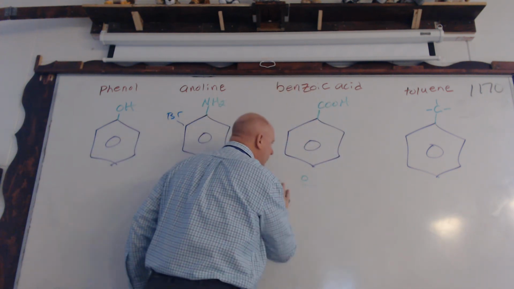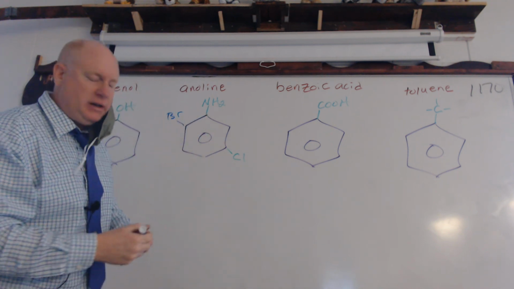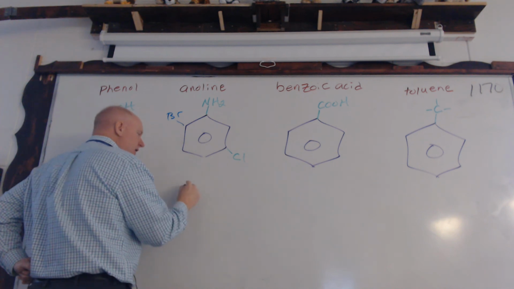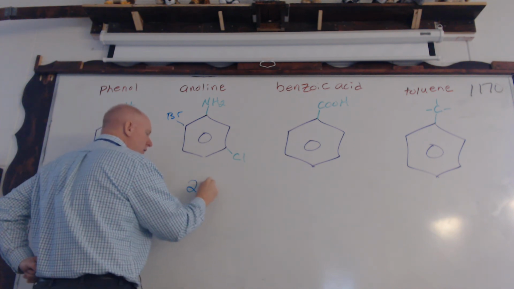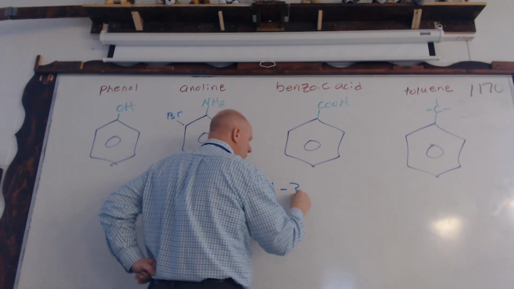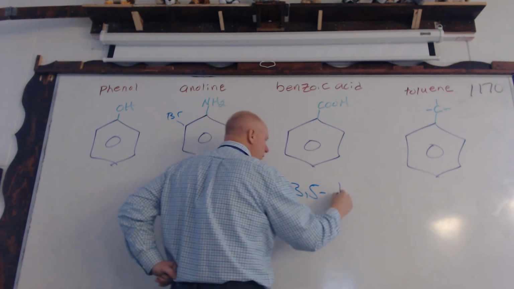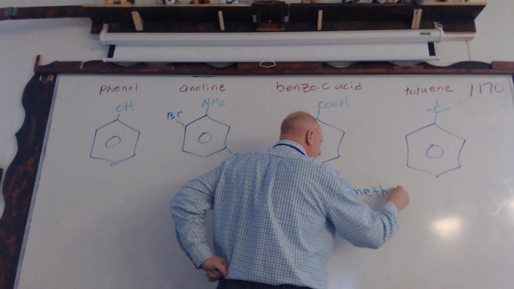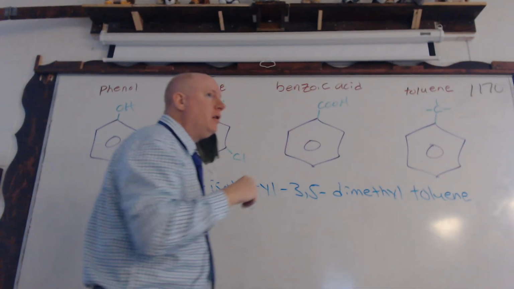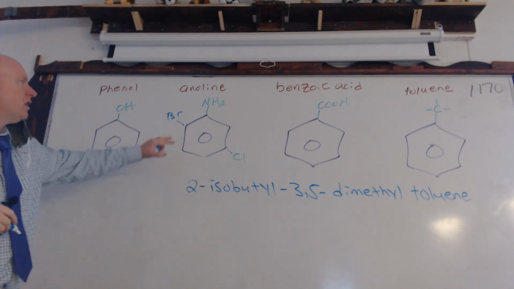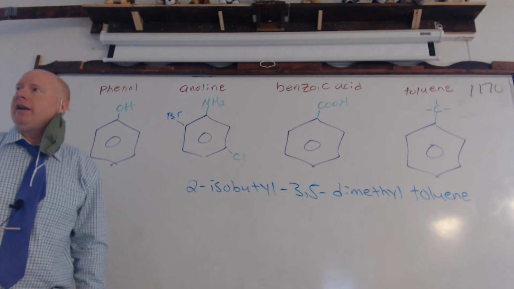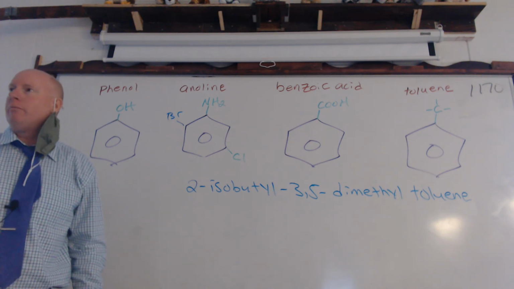Because what does it actually say on that number 17, the one that we circled? Within the last 5 minutes, when we use those common names, that means you automatically say that is carbon number 1.